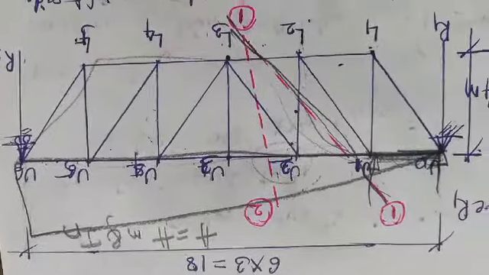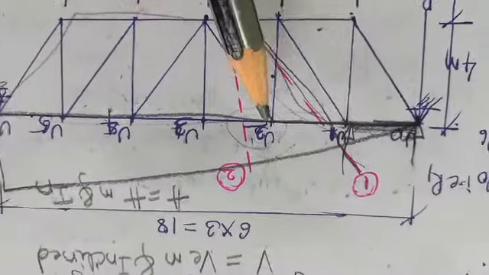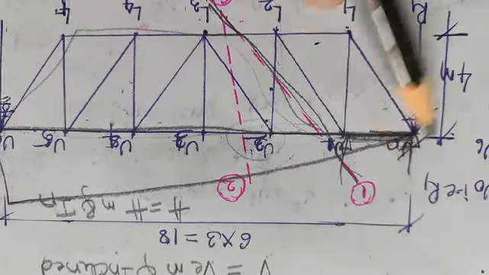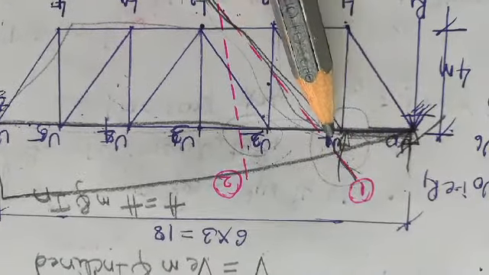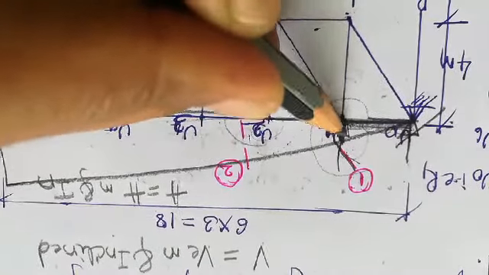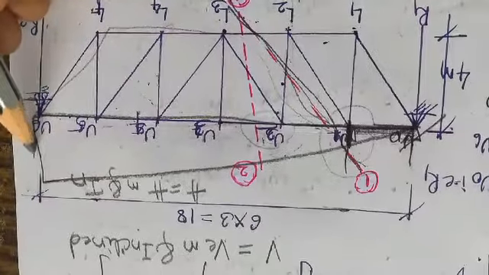When the load is on U0, what will be the ordinate value at U0? It will be 0. Next, when the load moves from U0 to U1, the ordinate value at U1 will be, by using similar triangles, you can calculate. Here the ordinate is 1.